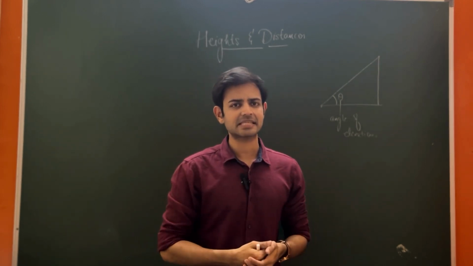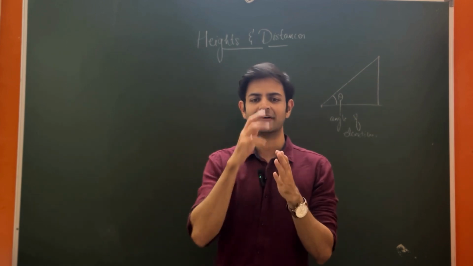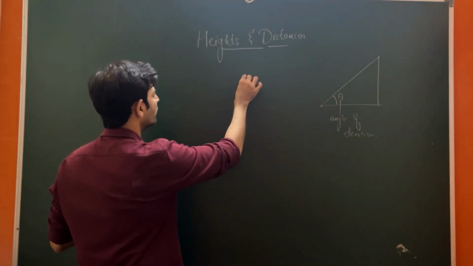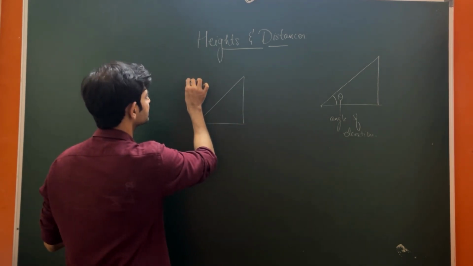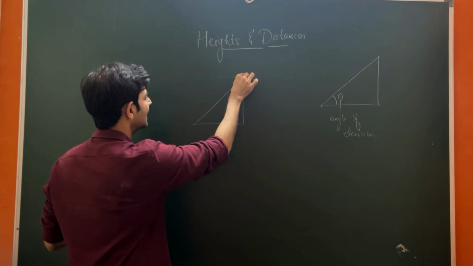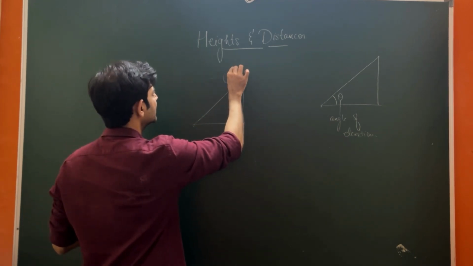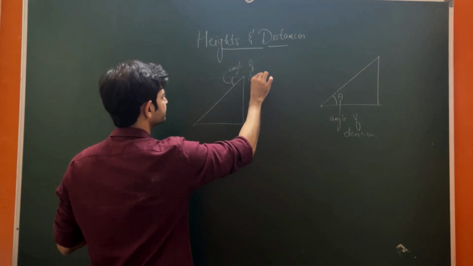In the same way, if I have to watch below my eye level, if I have to watch something down, this is called angle of depression. Somebody is here and watching down, this angle is called the angle of depression.